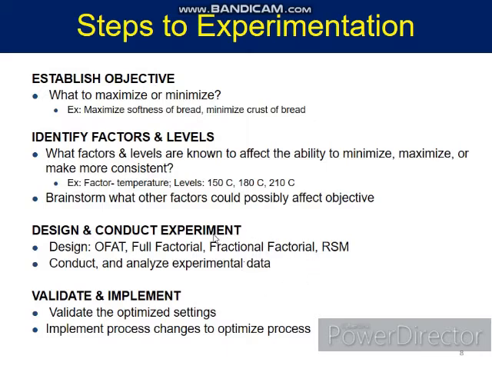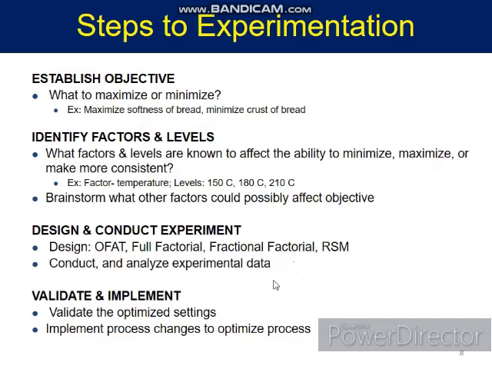Then basically you can even come up with a mathematical model to relate the input parameters, which are the factors, to the output response, which is your objective. For example, usually it's a polynomial model that tells you how temperature change would affect the softness of the bread in mathematical form, and we call it an empirical mathematical model.